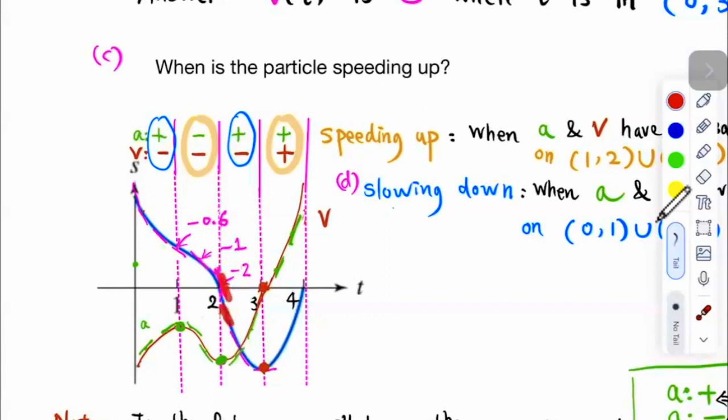Okay, just look at this one to this one. Which one is more negative? I think this is steeper, right? This is more negative than this one. Okay. So it's actually become less negative. So when it becomes less negative, the velocity is actually increasing. So the acceleration will be positive.